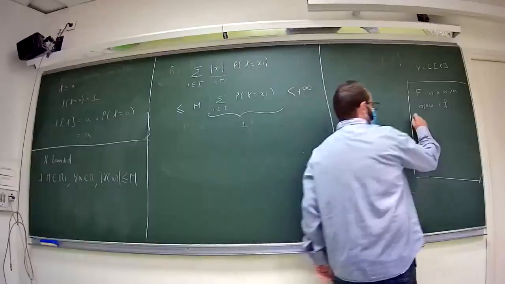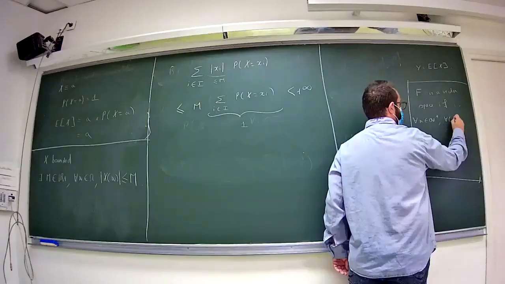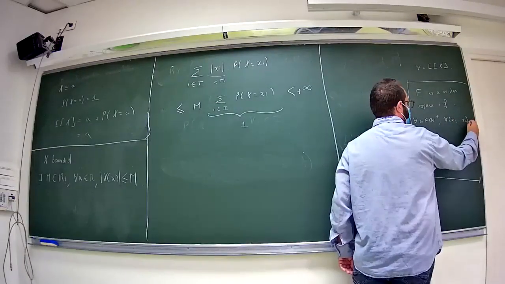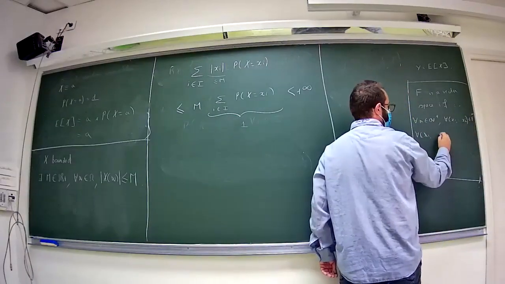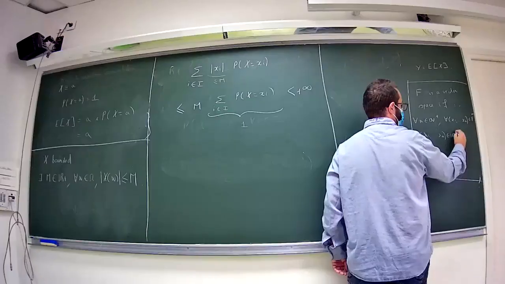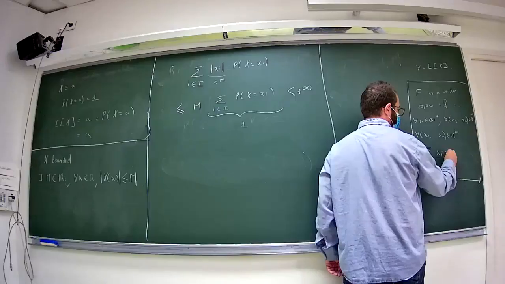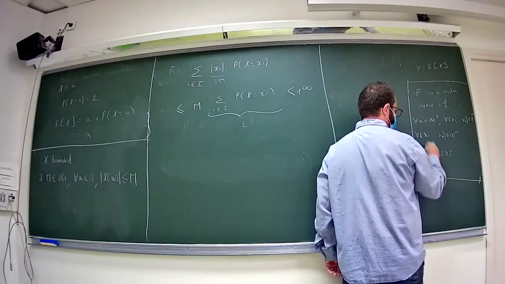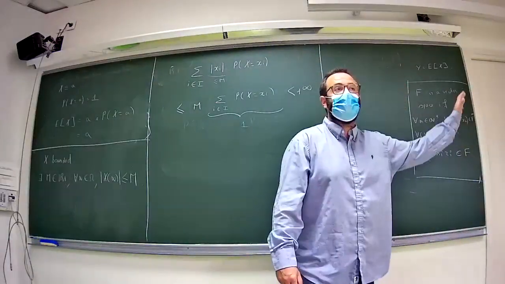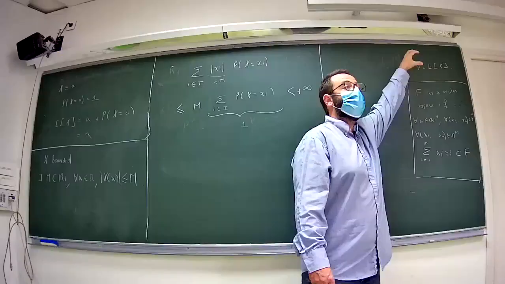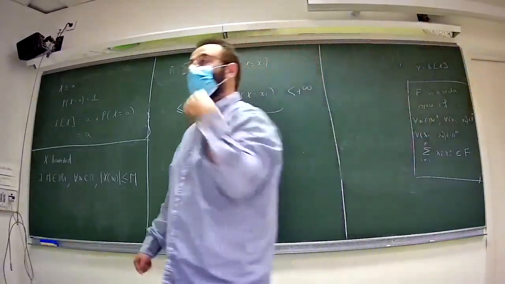In other words, for all n belonging to N star, for all x1, ..., xn belonging to F to the power n, for all lambda 1, ..., lambda n belonging to R to the power n, the sum of the lambda i xi, from i equal to 1 to n, belongs to F. So it seems to be complicated, but I just say that if you take a finite number of elements in capital F, and you do a linear combination, it has to be in capital F. This is the definition of being a vector space. Okay?